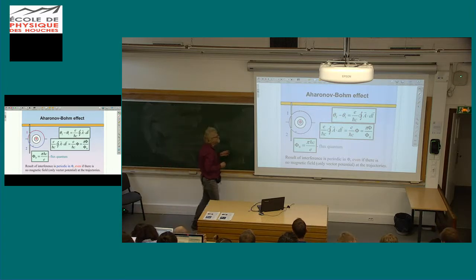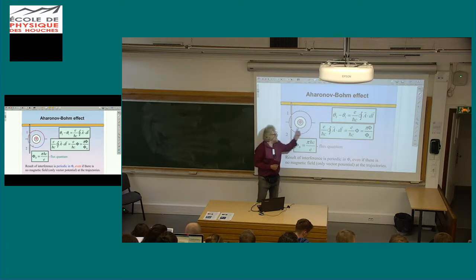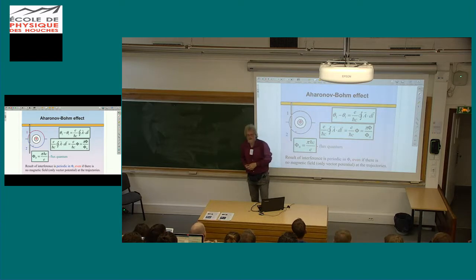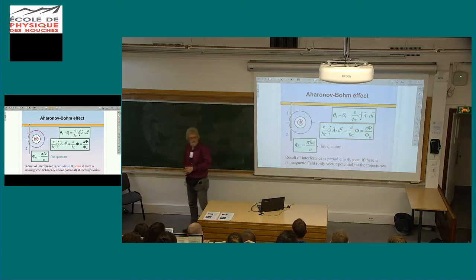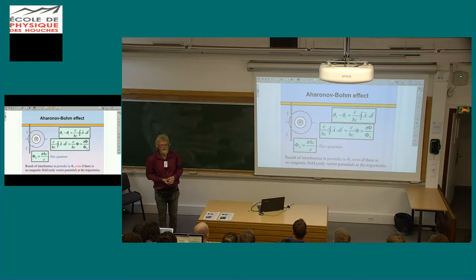Let's have an electron which can go around the coil, either taking this path or this path. Let's look at the interference of this electron. It turns out that this interference is determined by the total flux in the coil.